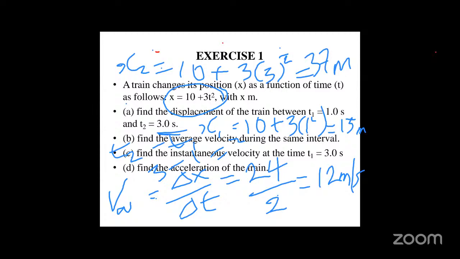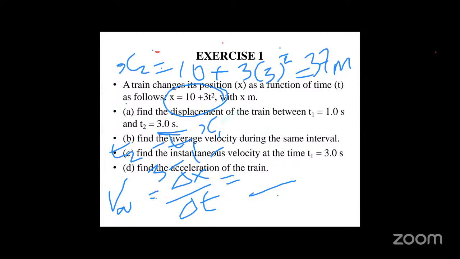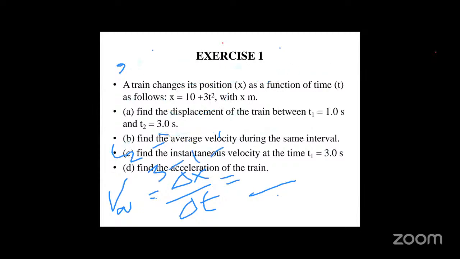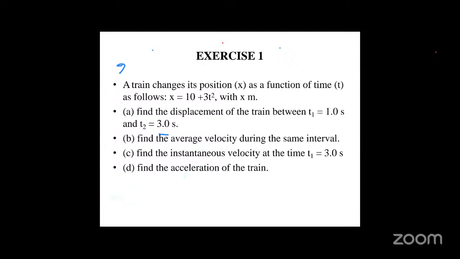Now, for C, we are asked to find the instantaneous velocity. That is the velocity at a specific time. So the velocity at a specific time will be V is equal to dx over dt.